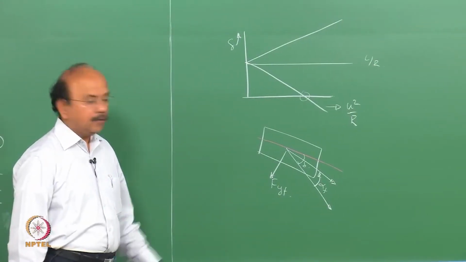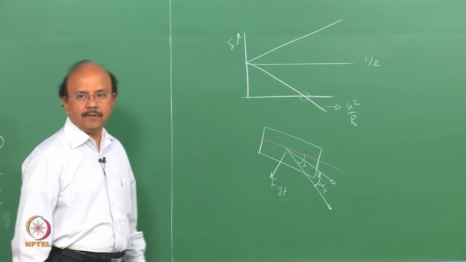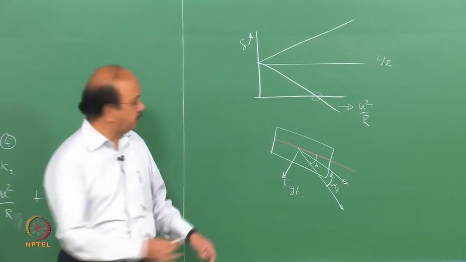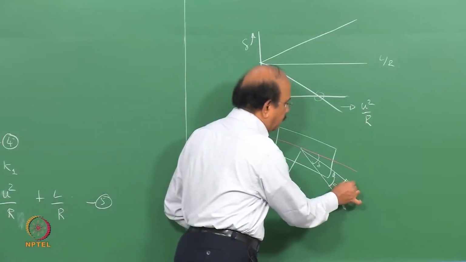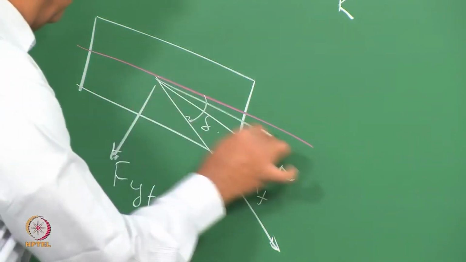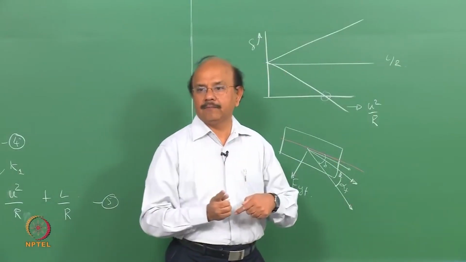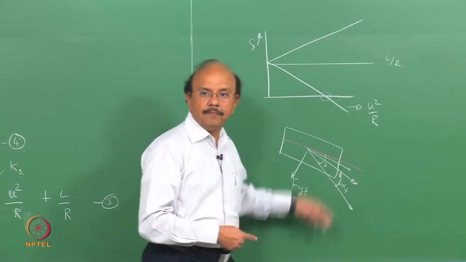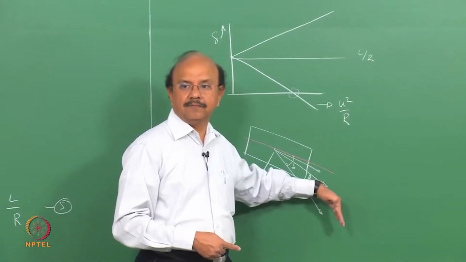Clear? So when alpha F increases, my expression is going to become more and more positive. What happens? It is going up. Note that this is the direction of travel. Now, if I keep going up, then I have to give more and more steering in order to maneuver my vehicle to take a turn.